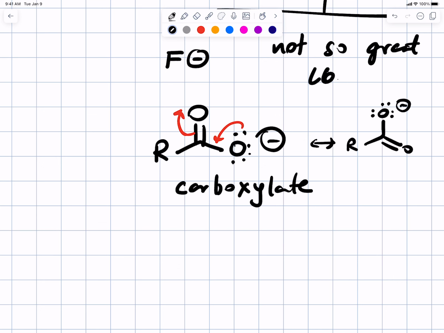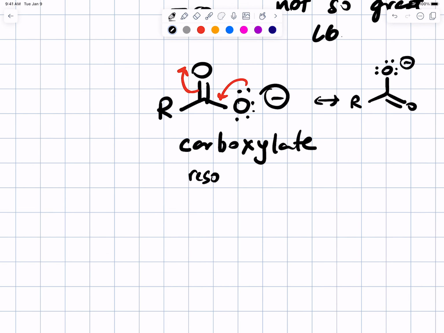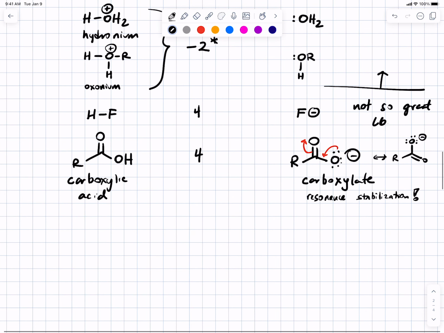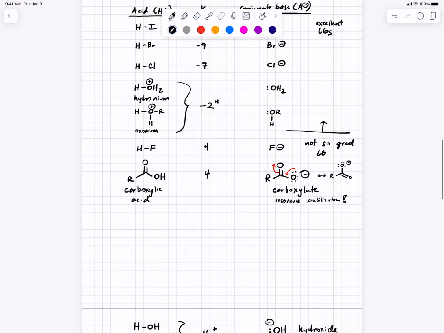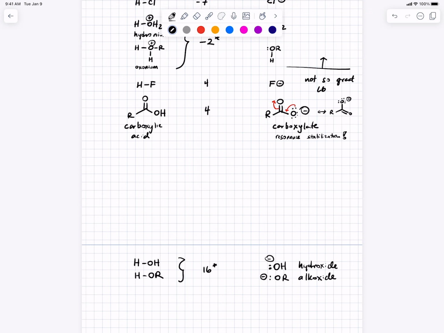That is why we're going to call that resonance stabilization or electron delocalization. That is why the carboxylate is so much more stable than the alkoxide, and correspondingly why the carboxylic acid is so much more acidic than the alcohol.